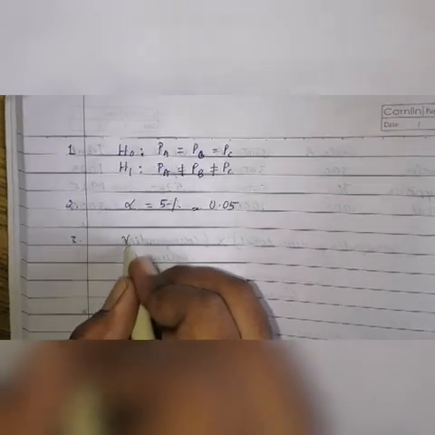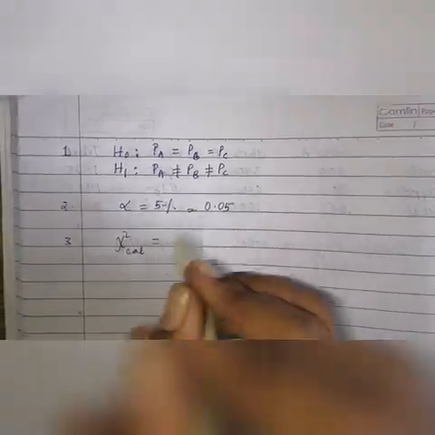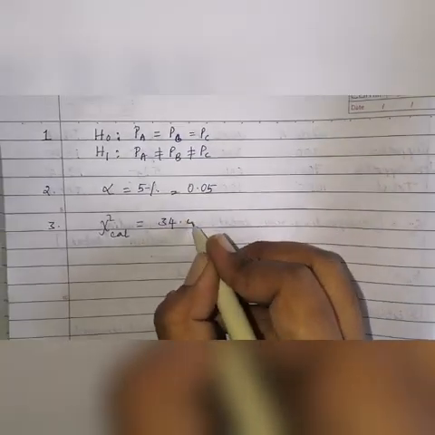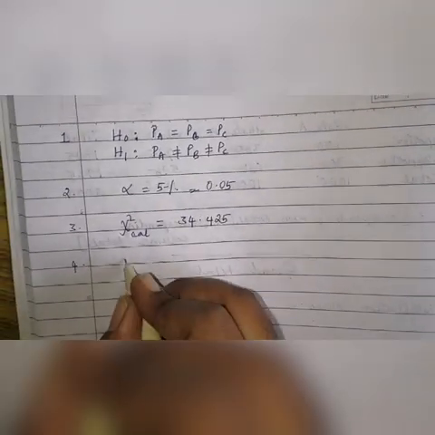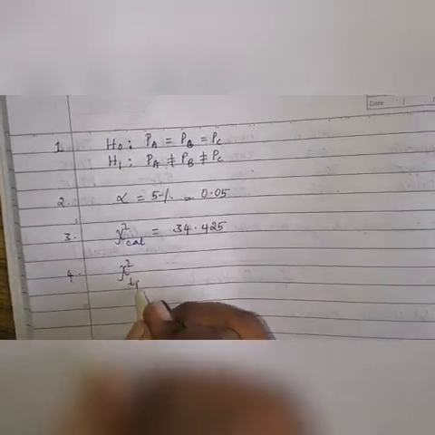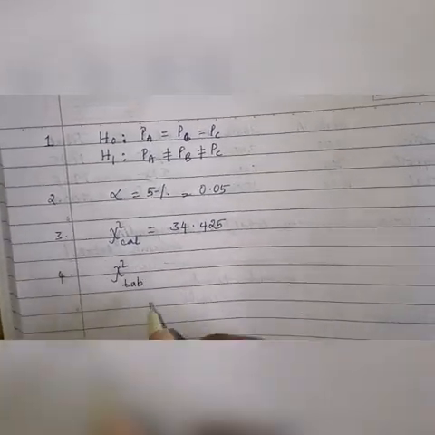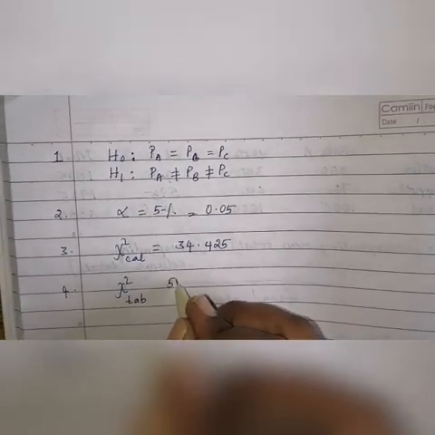The third step is the chi-square calculation. We calculated and we got it as 34.425. Okay, now step 4, we have to find the chi-square tabulated value. To find it, you need alpha, which is 5%, at the degrees of freedom.